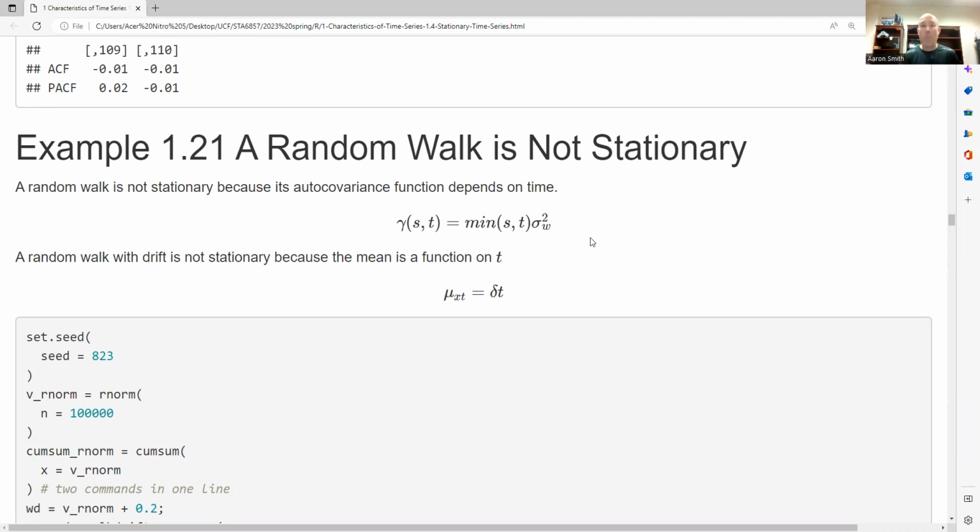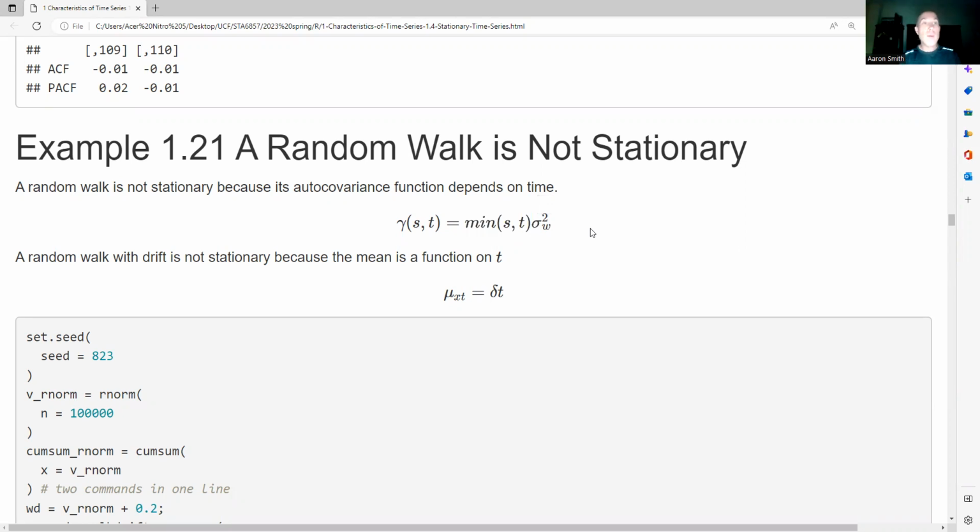So remember, in this type of time series, I have a sequence of random variables, and the actual time series I have is the cumulative sum of those random variables. If I take 2 points in time, the lesser of the two times, all those values are in the sum of both of them. Because of that, we end up getting this as our autocovariance.